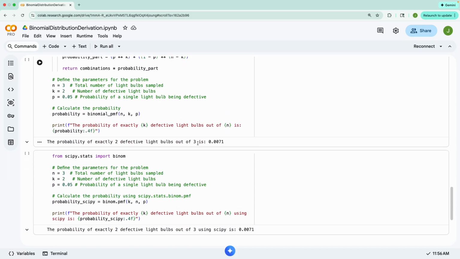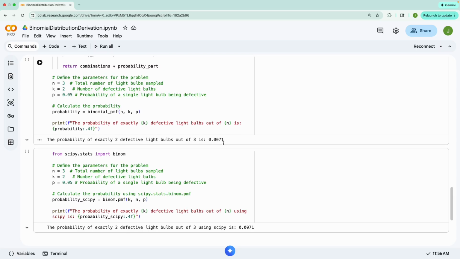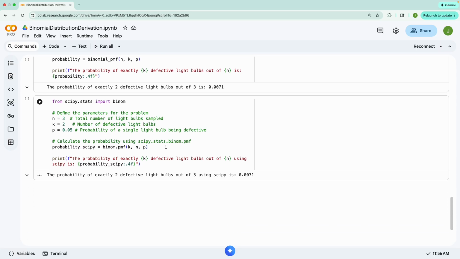That should give you 0.007, or you can use a stats library in Python. So scipy.stats, and we'll import the binomial distribution. We'll use these parameters, and then we'll calculate exactly the same value right here. I hope this gives you some insight into how the binomial distribution works and why we have that formula.